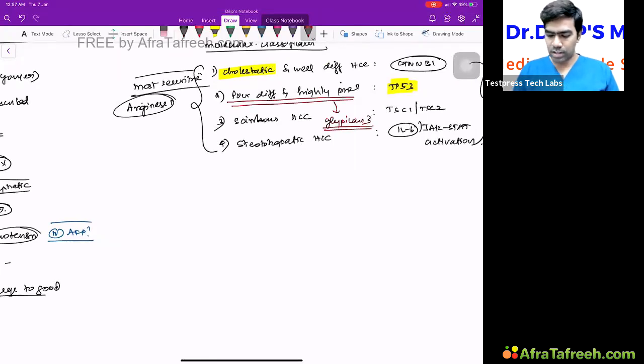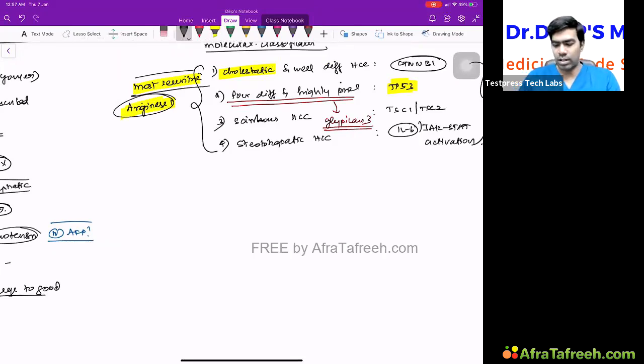Previously, we studied certain markers. Glypican 3 is for poorly differentiated tumors, but for all levels of differentiation, arginase 1 is very, very important. So there are certain new markers which you need to know. In that, I need you to remember only two things. One is arginase 1, which is most sensitive for any level of differentiation. And second one is glypican 3, which is more selective and specific for poorly differentiated tumors.